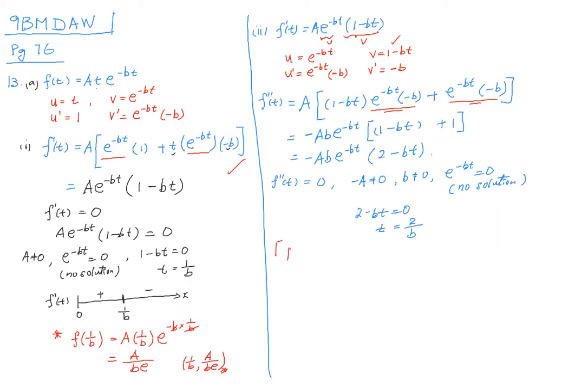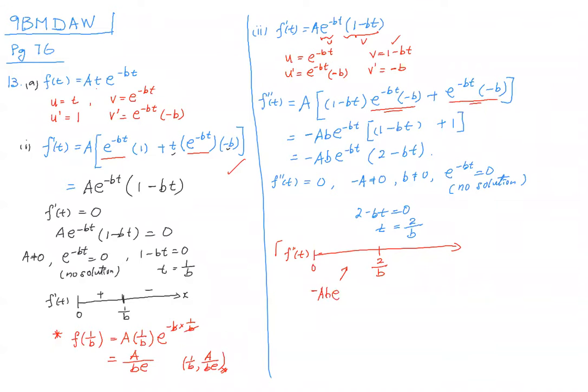So if I draw an f double prime t sign diagram, start from 0 onward, and here is my 2 over b. Do you know how I am going to determine the sign? If your t is less than 2 over b, the one that controls the sign is this factor, because your f double prime is this one.